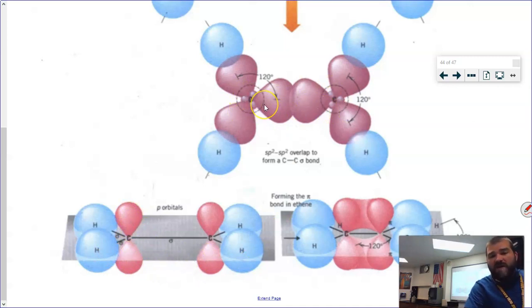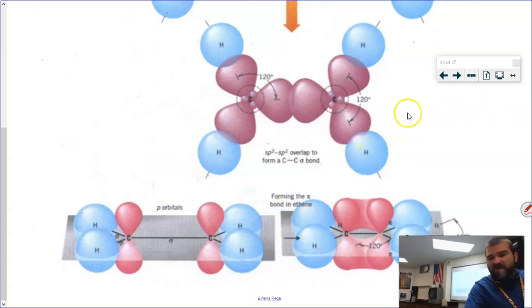The hybrid orbitals are the flat trigonal planar ones, and the p orbitals would be up and down, above and below either carbon like this. The second bond, the double bond, occurs when these unhybridized p orbitals overlap above and below the plane of that first bond. This is getting rather abstract. If you're hanging with me, awesome.